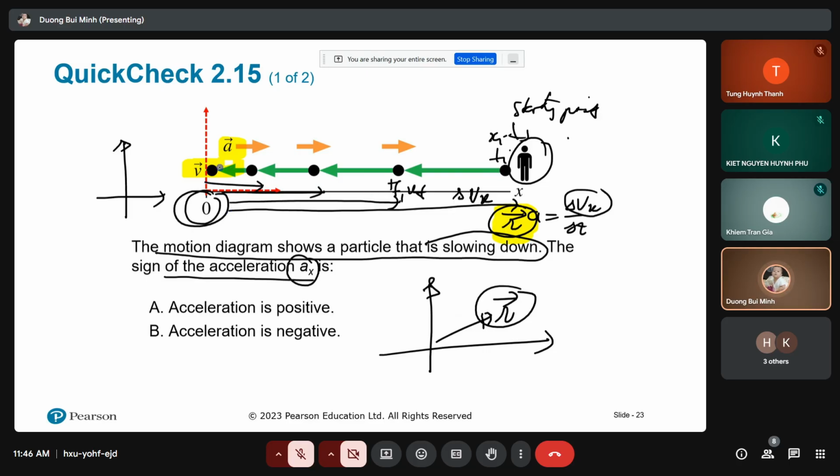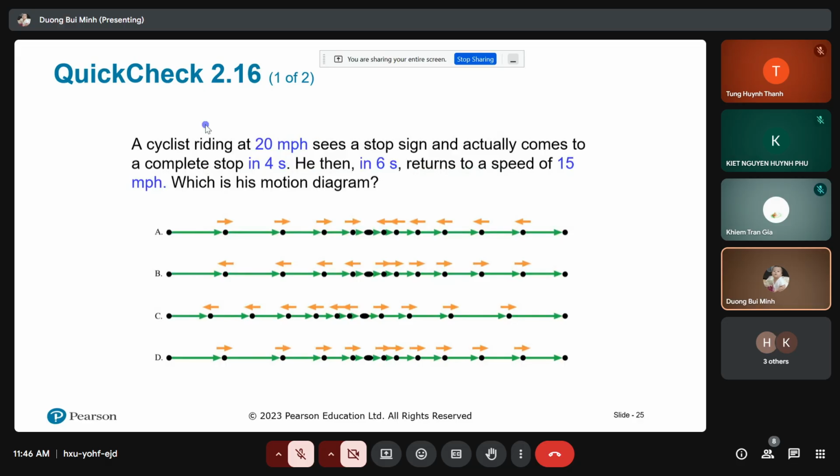So vector V will be negative and vector A will be in the positive direction. Okay, it will be easier. Now, what time is it? Just one more question and then we stop.